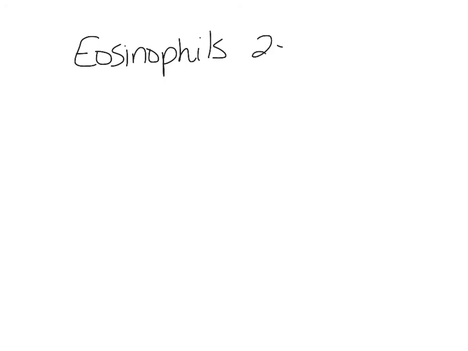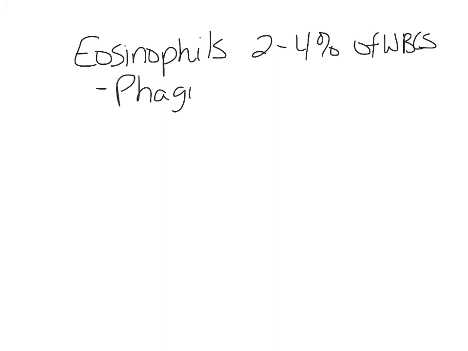Eosinophils make up 2 to 4% of all white blood cells. Okay, they stain kind of a reddish color. They are also phagocytic, so they're phagocytes. And they engulf things like bacteria and protozoa.